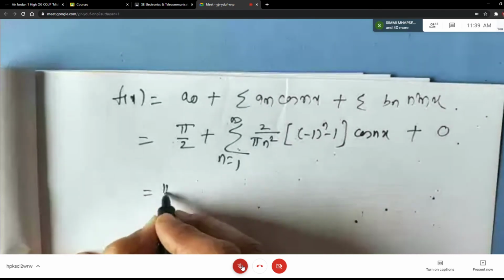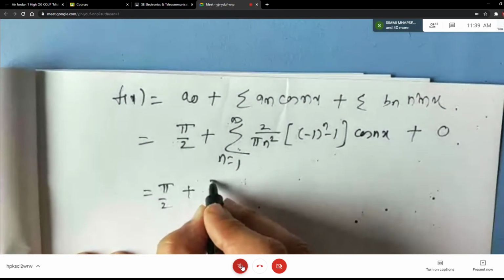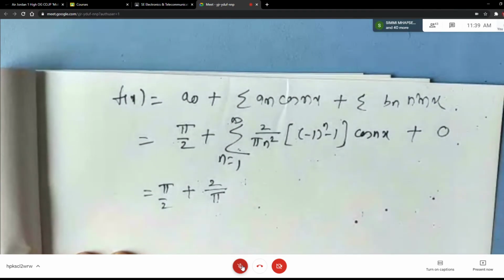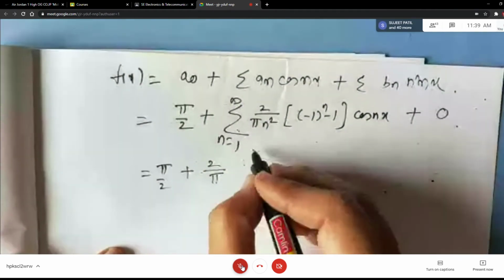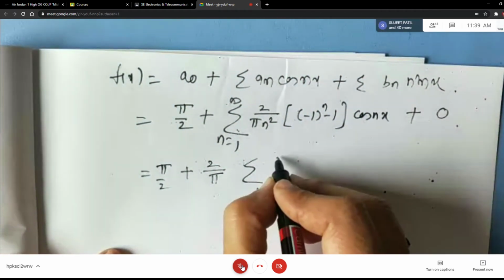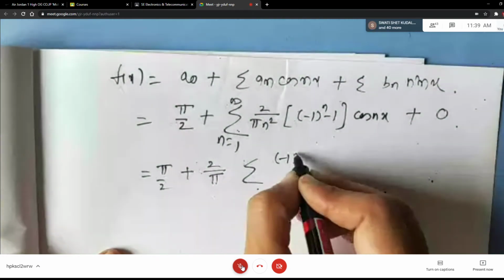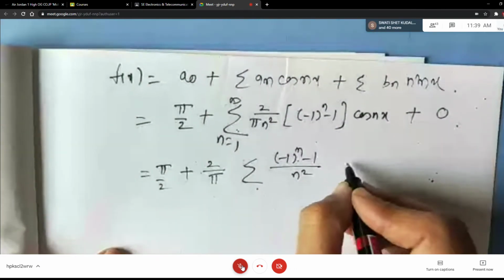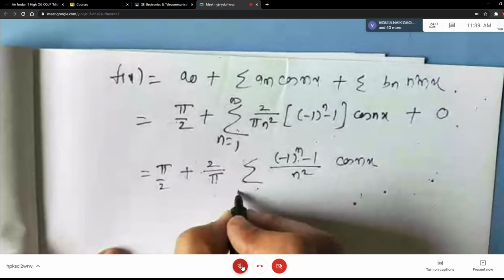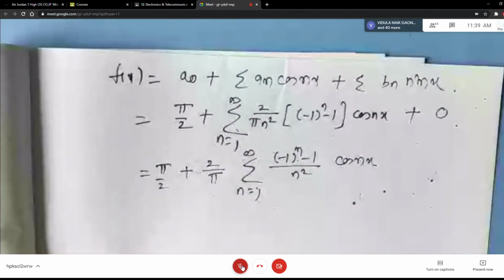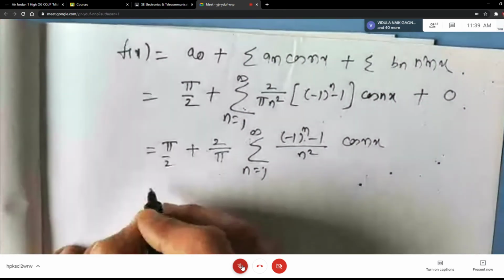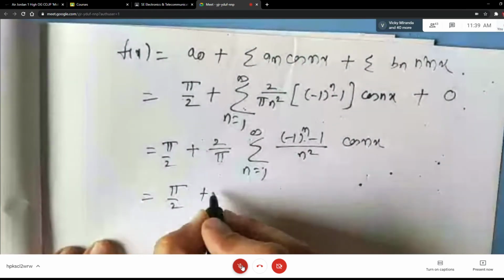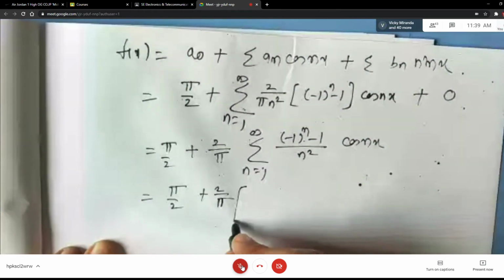So this is pi by 2, constants out. 2 by pi is constant, take it out. Okay. So what is remaining here? Minus 1 raised to n minus 1 divided by n square into cos of nx, n from 1 to infinity. So this is pi by 2 plus 2 by pi. Now let us expand this, students.